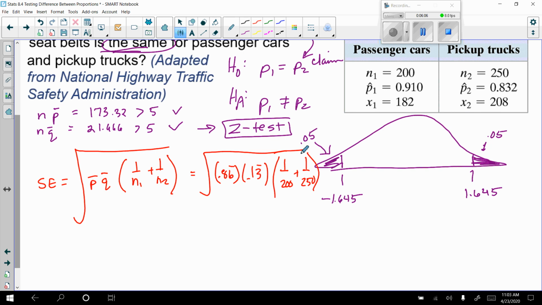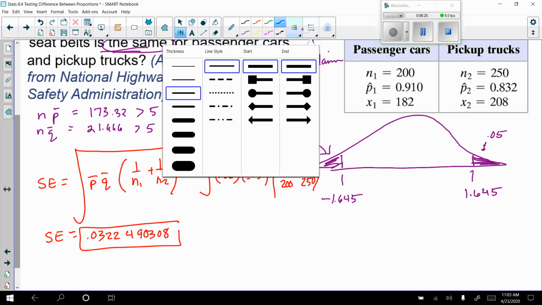Square root of all of that gives us a standard error of 0.0322490308.